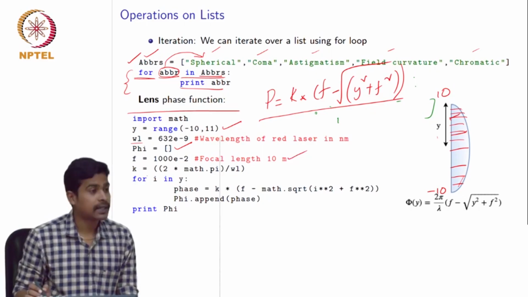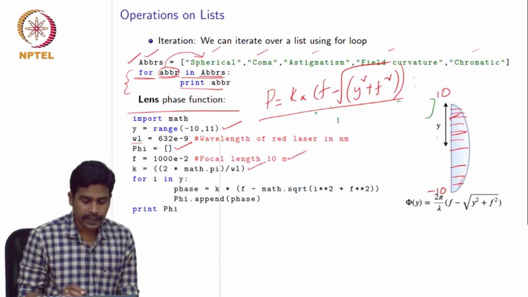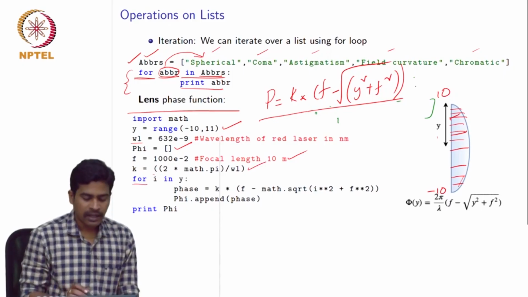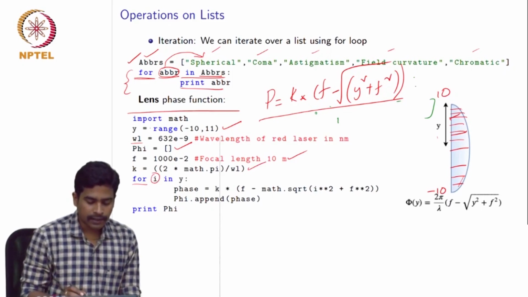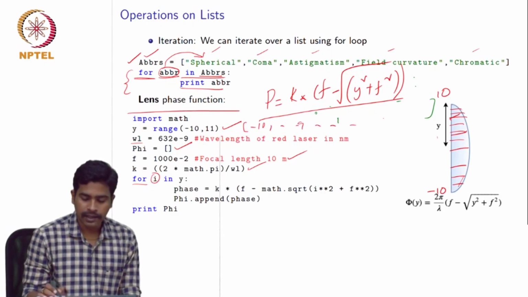Let's say the focal length is 10 meters, and k we know is 2 pi by lambda, so it is calculated using this equation.